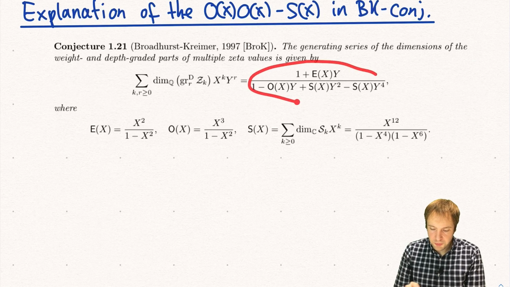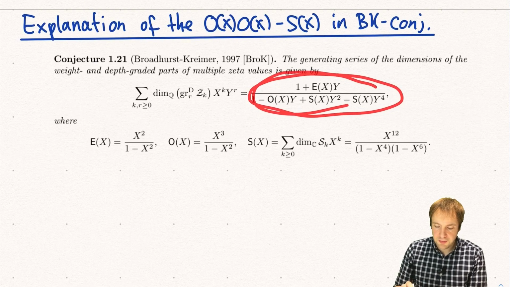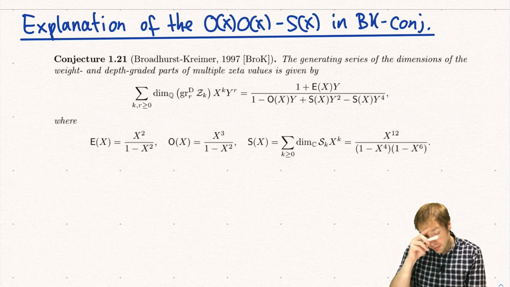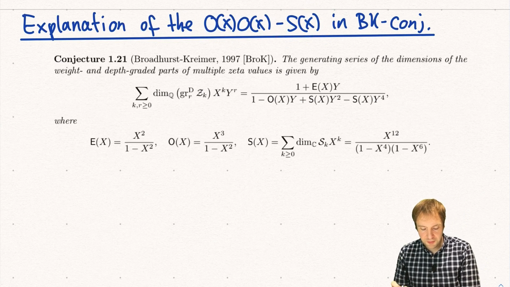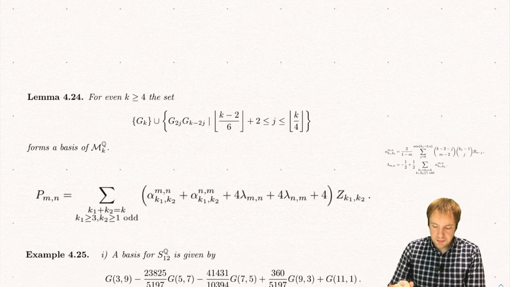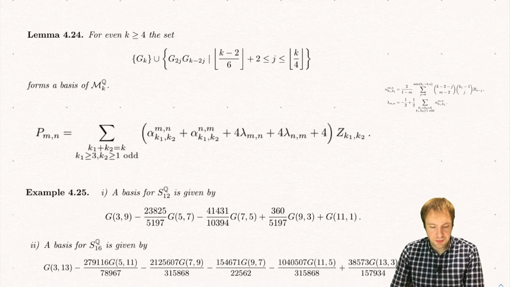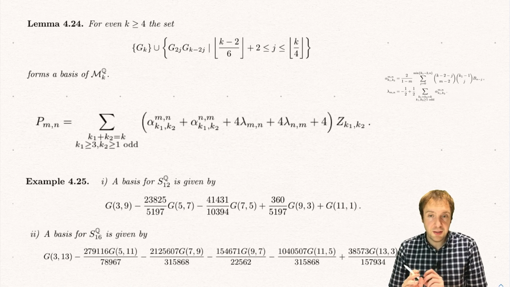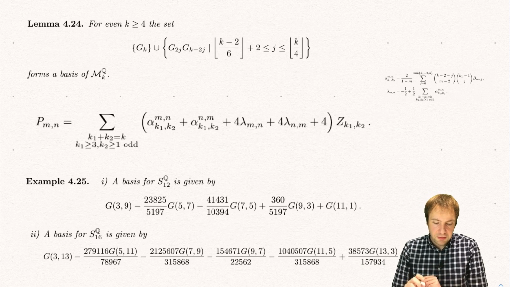So if we multiply this out, then in the depth 2 case we had this term O_X minus S_X, where S_X was the dimension of cusp forms, and where in the lecture notes I do it in more detail, and also next time we will see a different explanation using period polynomials.